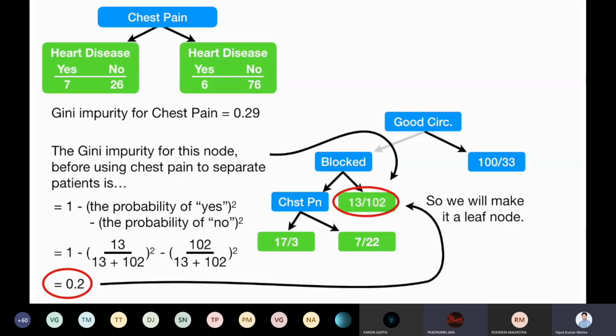Even before breaking, we can see the number of yeses is already very small in the no part, so we should not go further and check the Gini loss to decide whether to break or not. You can just look at the data, yes, definitely. But if you have a very large data set and you want to automate the entire thing, you are not going to visualize the data every moment, so you should have some mechanism to do it.